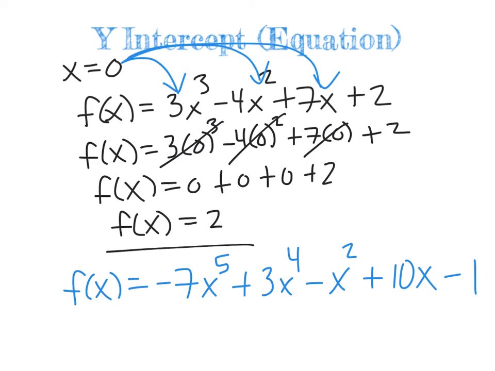If I'm going to be plugging 0 in for all the x values, I'm going to plug in a 0 here, a 0 here, a 0 here, and a 0 here. This is going to cancel, this is going to cancel, this is going to cancel, this is going to cancel, leaving you always with this last number. That's always going to end up being your y-intercept. Always, every single time.